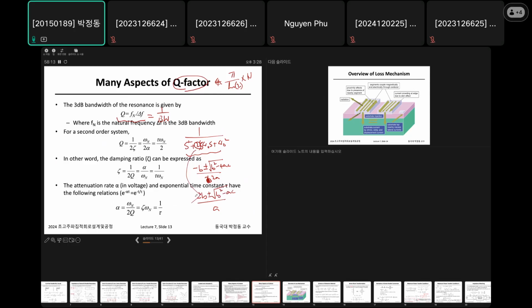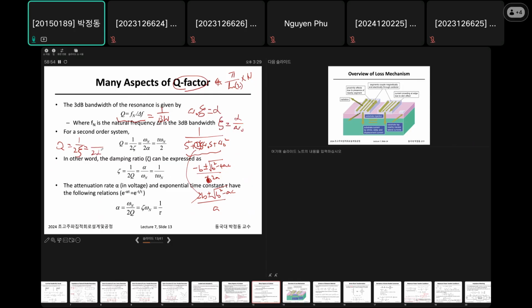You have a pole pair. For this second order system, Q is defined by 1 over 2 times the damping factor. The damping factor is alpha divided by omega 0, where alpha is the decay rate. Therefore Q is omega 0 divided by 2 alpha.